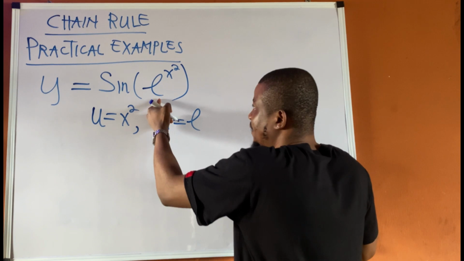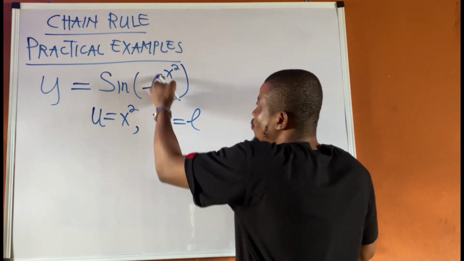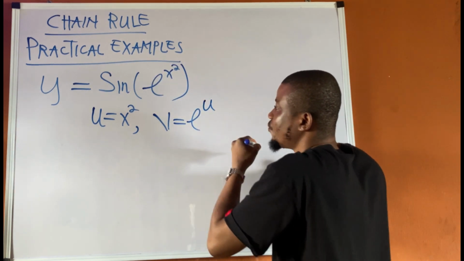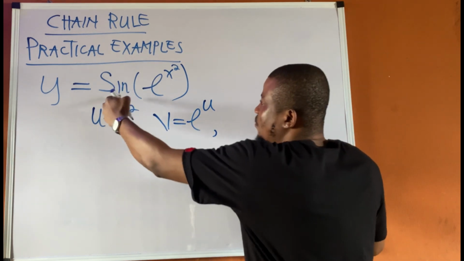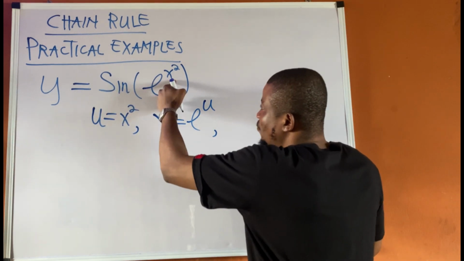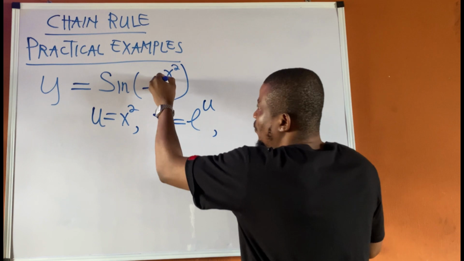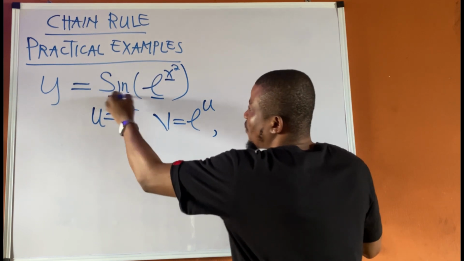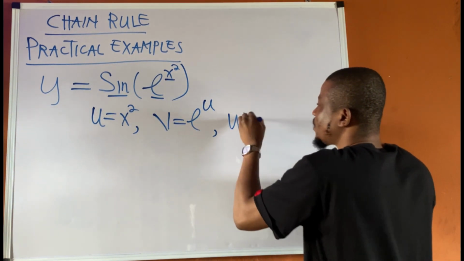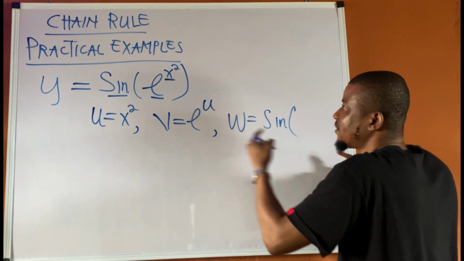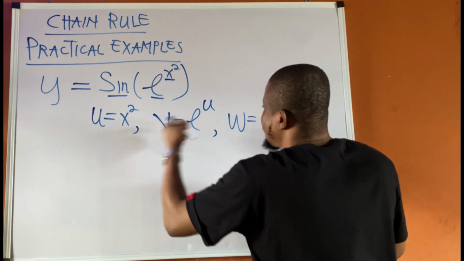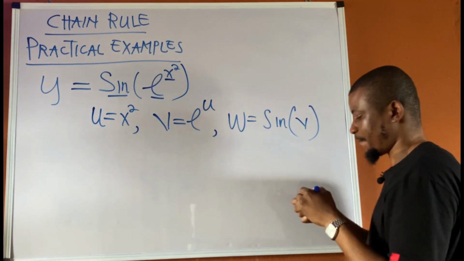The exponential is the v, but because this is already u, we can say exponential u. And then we identify this one. If this is u, v, w, then w becomes sine of something, but this exponential is v. So we can say sine of v.